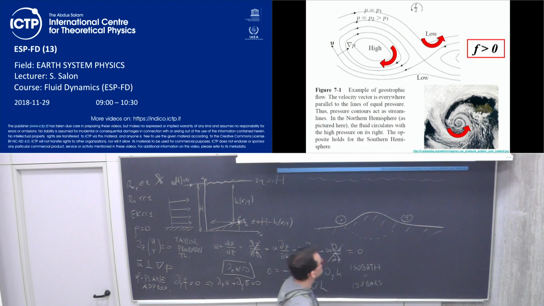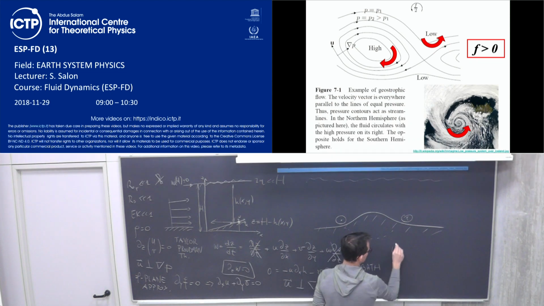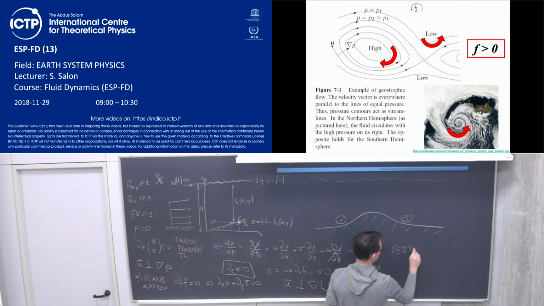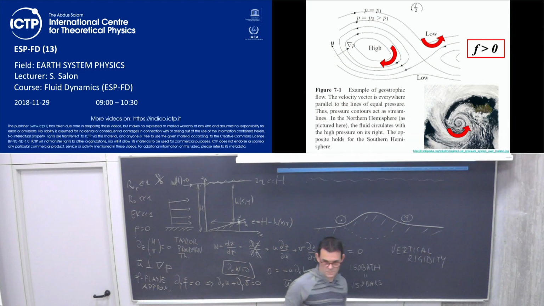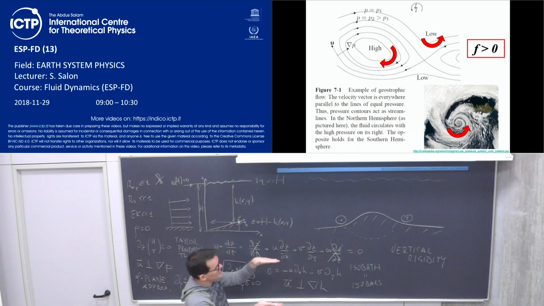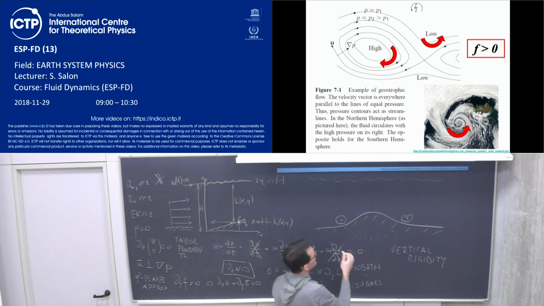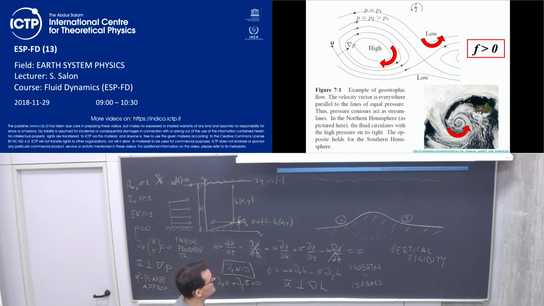This is extremely important and gives this property of vertical rigidity to the geostrophic flows. It means that this kind of flow will maintain its position and its characteristics, even if it impacts an obstacle.